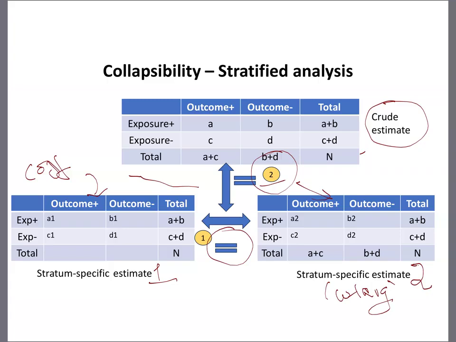But if your stratum-specific estimates are similar to each other and their weighted average is different from the crude estimate, it means you cannot collapse it. These two stratum-specific estimates, when brought together, are not similar to your crude estimate. Then you say that there is confounding. Are you getting me here?